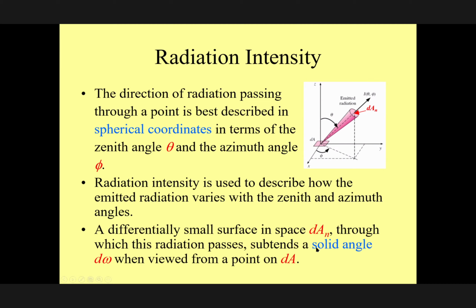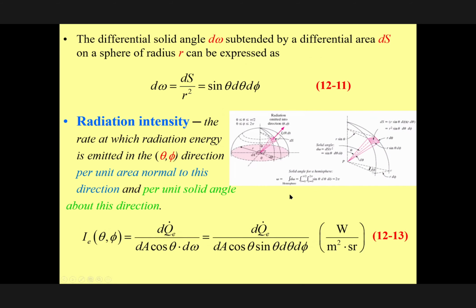Therefore, the terminology we are using, we call it solid angle. The omega exactly represents this part. This is the source energy emitted, these two angles, and now we have a solid angle that we can describe. The solid angle is described as this one, dS over r squared.